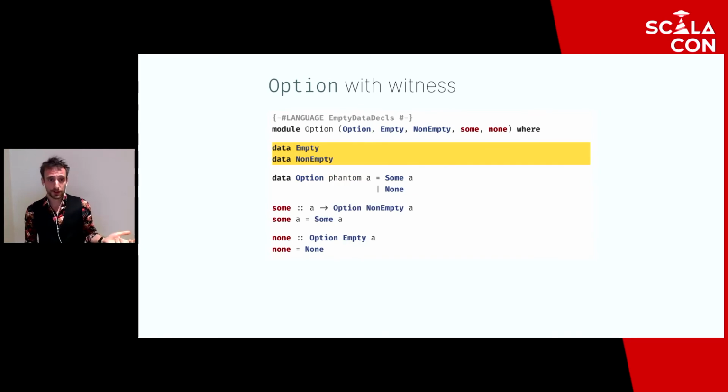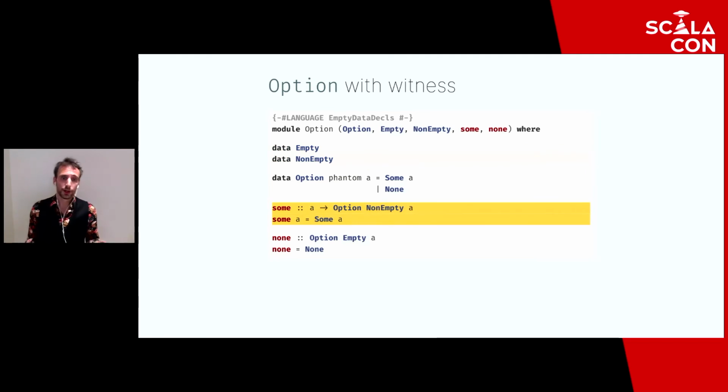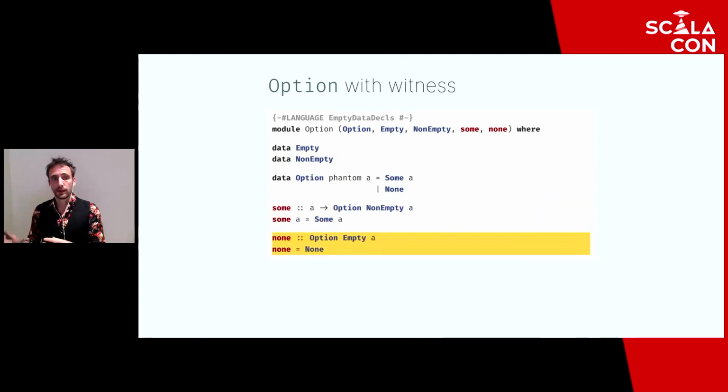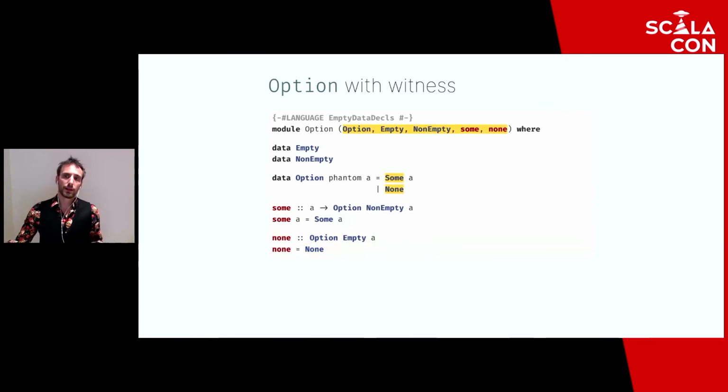And armed with that, we create some smart data constructors: Some, which given an A will return a non-empty option of A, and None, which returns an empty option of A. And when we export all of the things we've declared from our module, we conveniently forget the regular data constructors and only export the smart ones, which means that anybody outside of our module will, by construction, be unable to create a non-empty None or an empty Some.